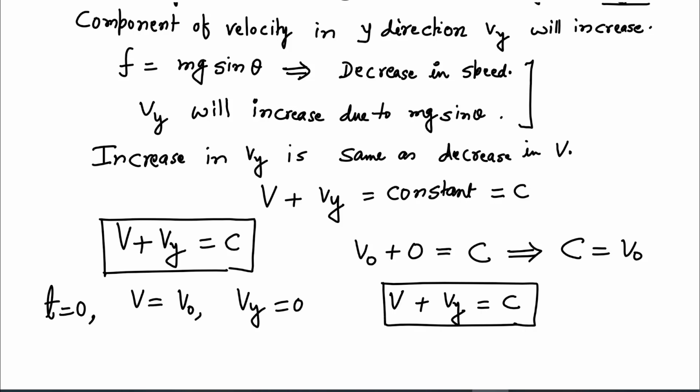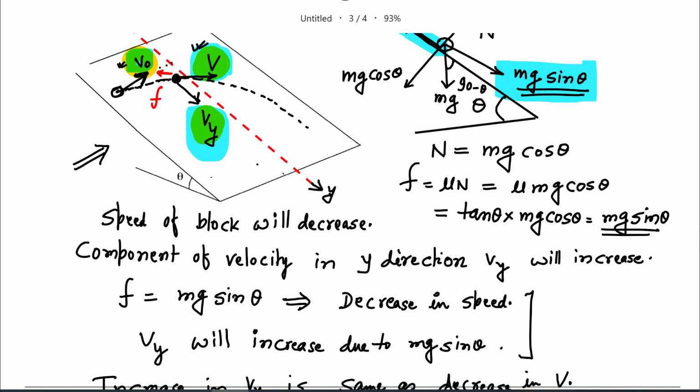Now the question says, what will be the velocity after a long time? So let us try to understand what will happen. As time increases, the block will be moving along this line, which is parallel to the y direction. So the total velocity will be along this line, along v_y.